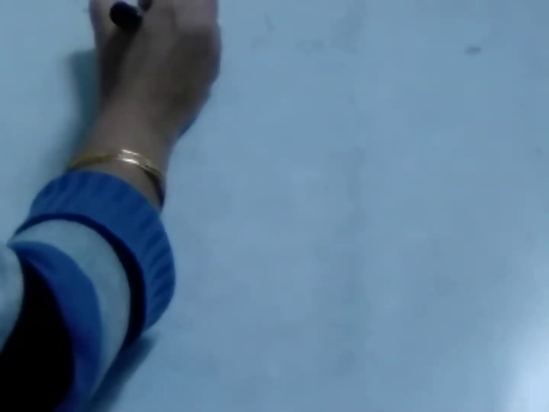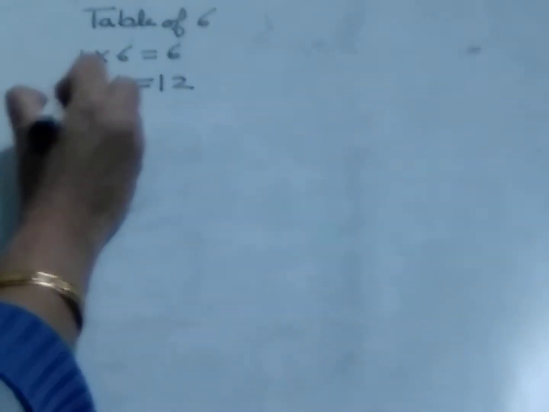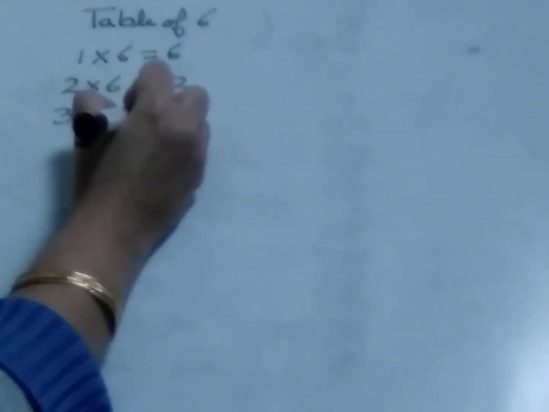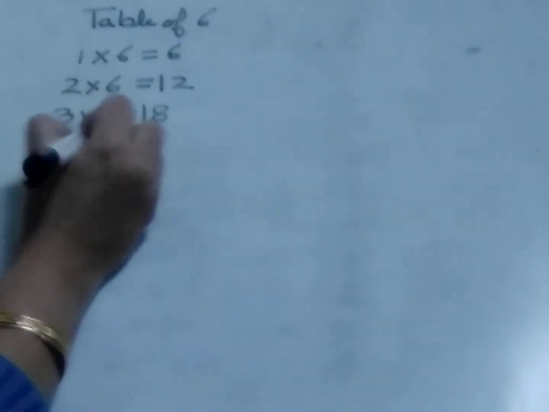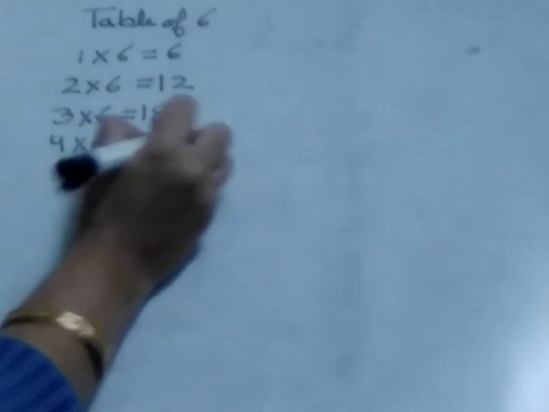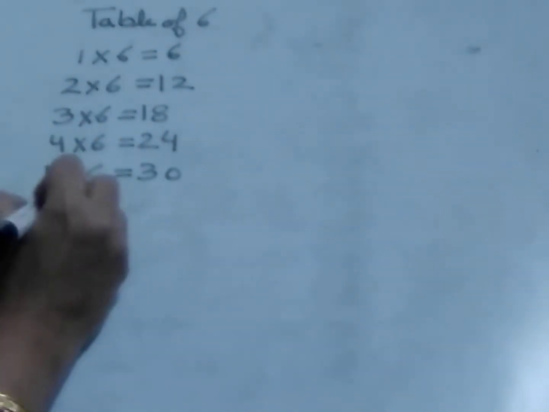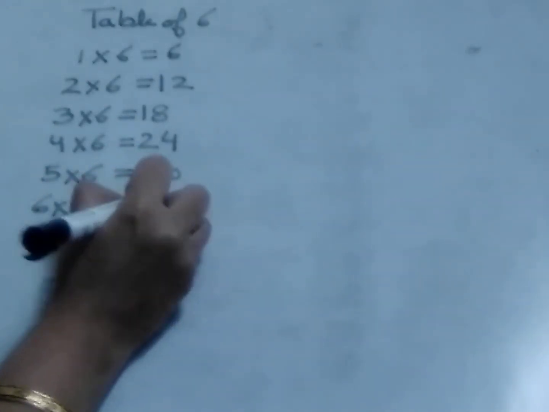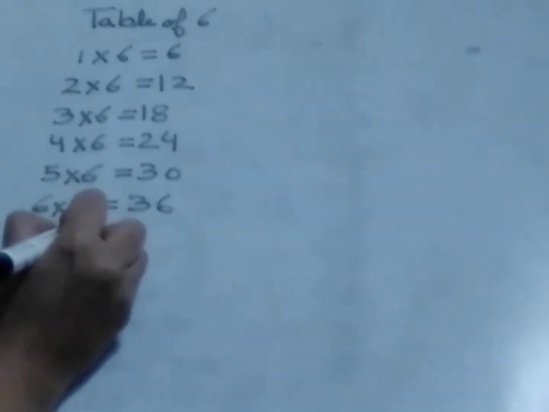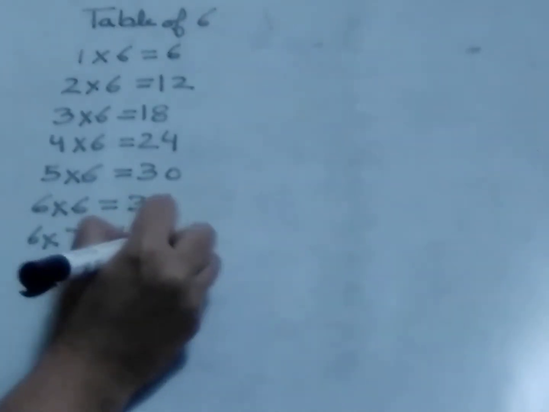Table of 6. 1 6 are 6, 2 6 are 12, 3 6 are 18, 4 6 are 24, 5 6 are 30, 6 6 are 36, 7 6 are 42.